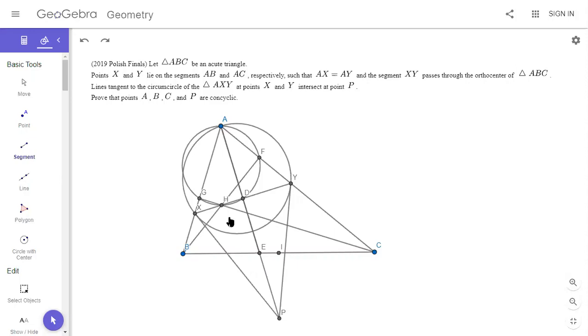So we could also use that the reflection of H over BC lies on the circumcircle of ABC, right? Because we have to use that it's the orthocenter somewhere, right? Just label this point right there.